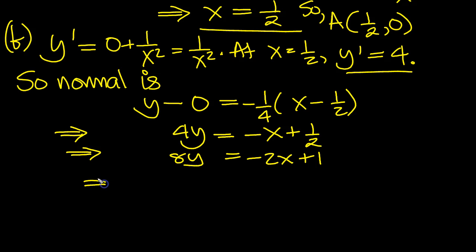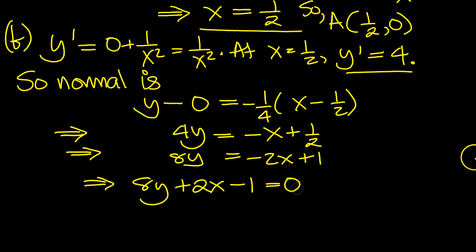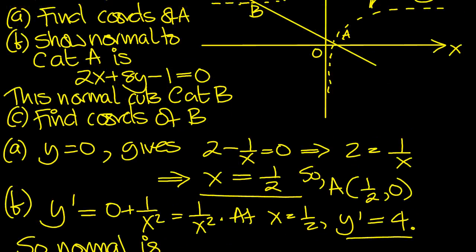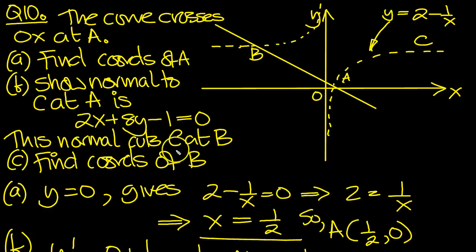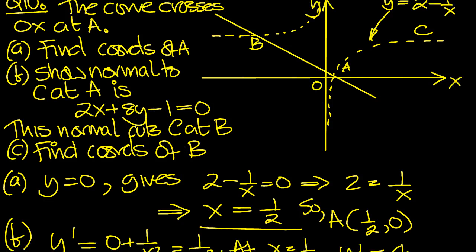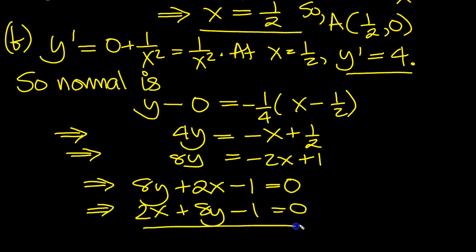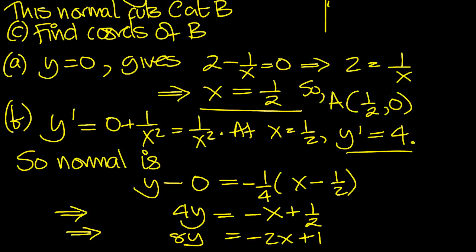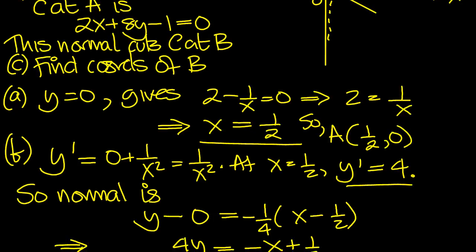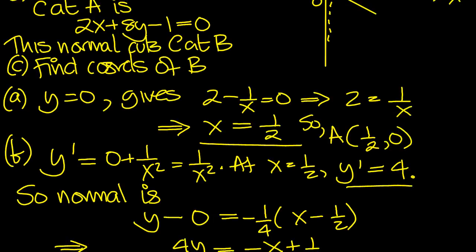And that tells us then that 8y plus 2x, when we move it over, minus 1 equals 0. And what did we need to show? 2x plus 8y. So let's just move it around. So 2x plus 8y minus 1 equals 0. So there's part B. Now we need to find out, this normal cuts C at B. Find the coordinates of B.